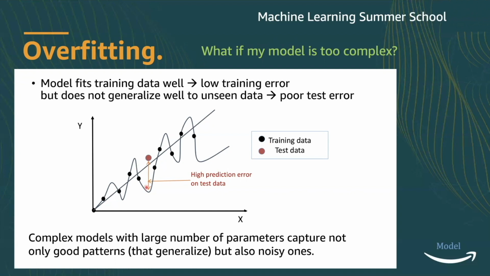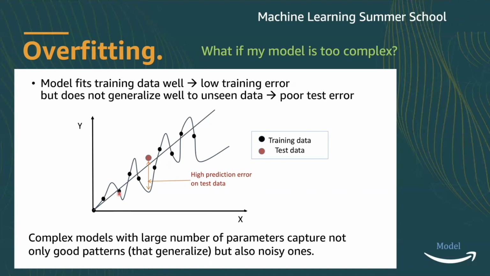Well, here it turns out that the high dimensional polynomial that we are fitting, which has zero training error, because if you apply this high dimensional polynomial function to any of the black dot points that are part of the training data, you make a zero error.